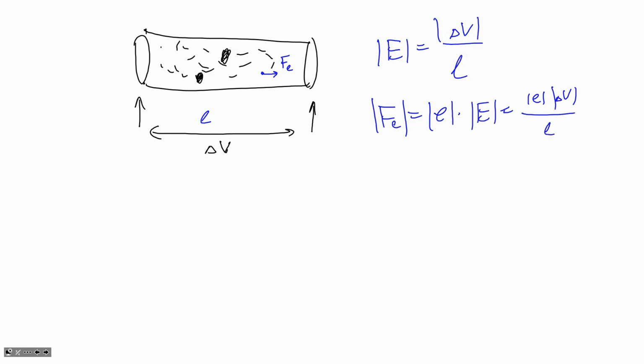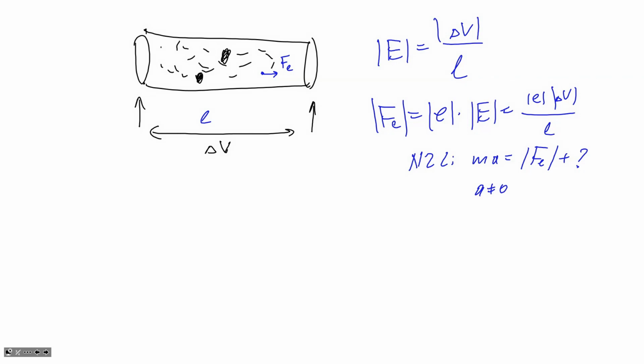So as we know from Newton's second law, if only one force would be acting, acceleration would not be equal to zero. Electrons would be speeding up, technically up to infinitely high speeds. That's not the case.